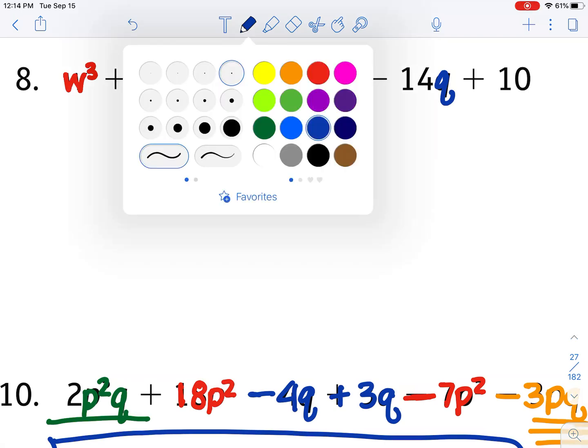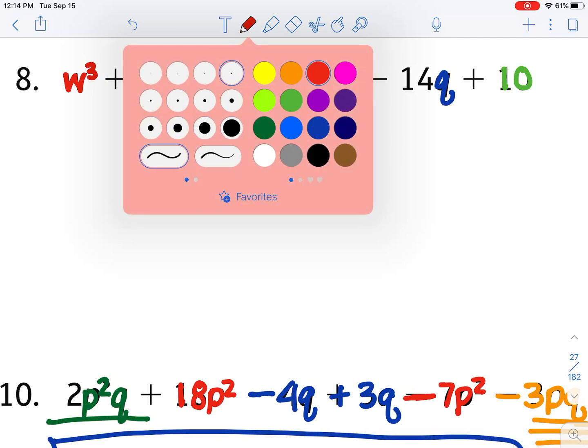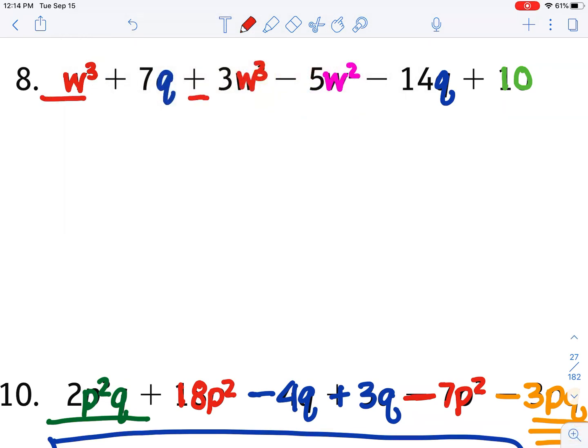And I have just a regular number. So let's put all of the w cubes together because they are our highest exponent. We put the highest exponent first. Remember, this is an invisible 1. So 1w cubed plus 3w cubed makes 4w cubed.